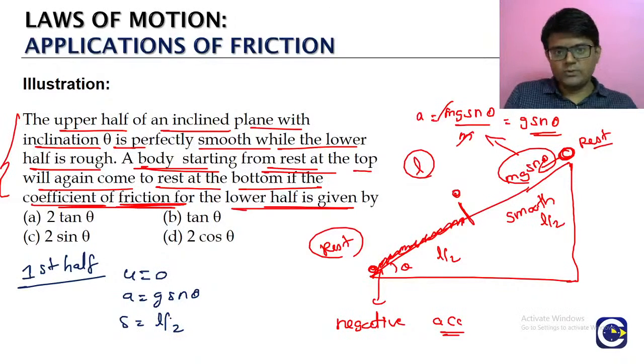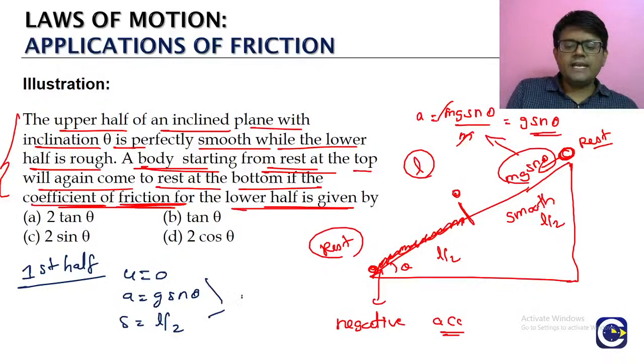Displacement is L by 2, and everything is along the plane here. From this, can we find the final velocity at the end of the first part of the journey? What is the relation we have? U, A, S, V. The formula is V square equals U square plus 2AS.